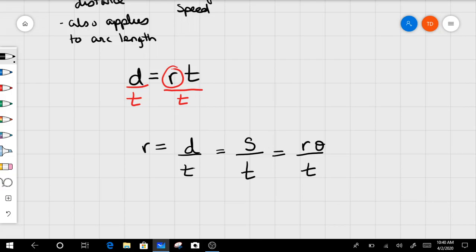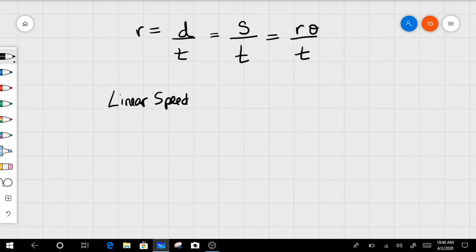So linear speed of an object traveling in a circular path, I'm going to say that one more time, linear speed of something that's traveling in a circular path, for example, a nail stuck in your tire, equals radius times theta over time. And again, keep in mind that theta has to be in radians.